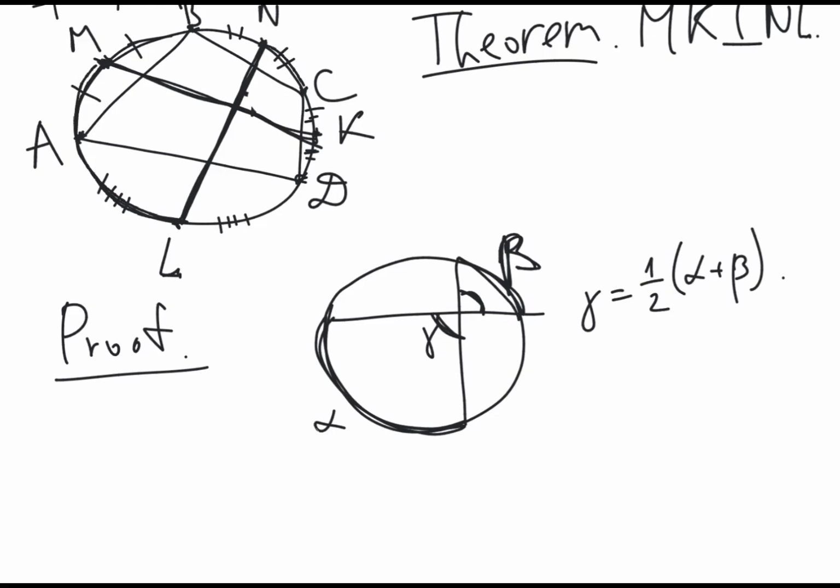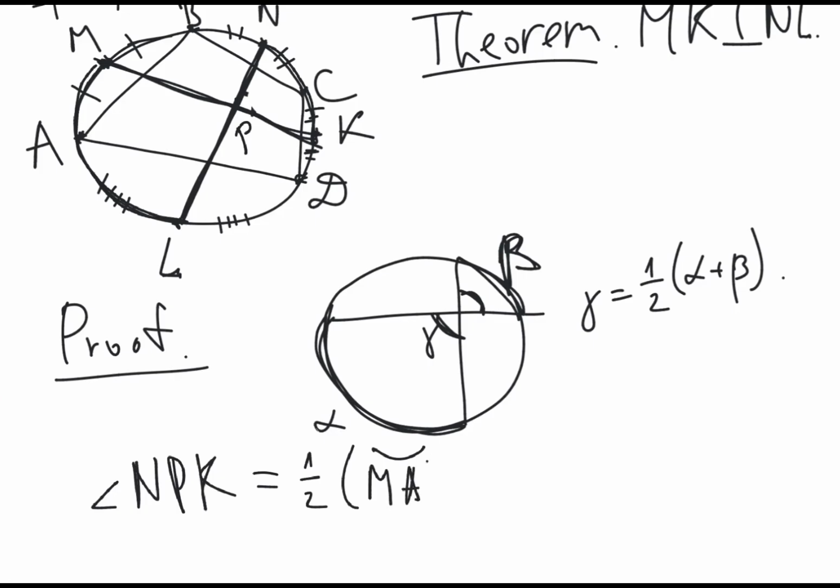If we denote this point by P, the angle NPK that we need to calculate is equal to 1/2 of the arc MAL plus the arc NCK. So that's using this theorem.